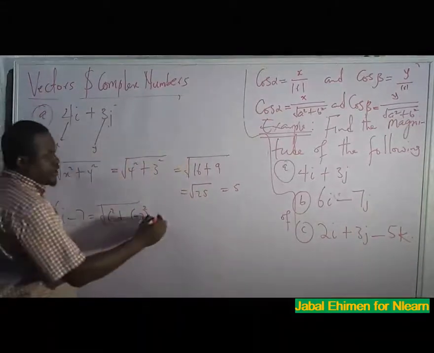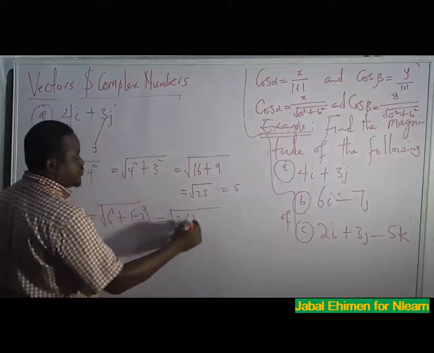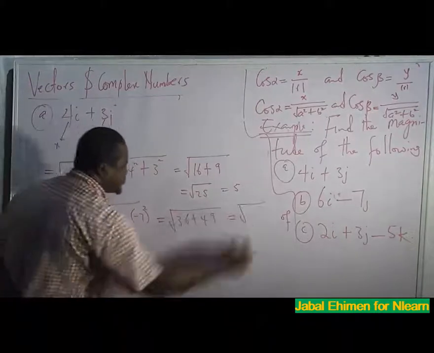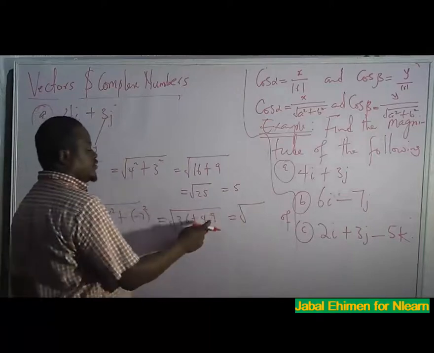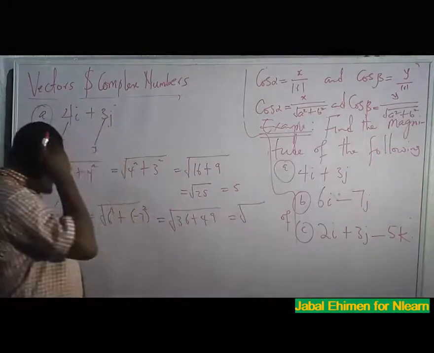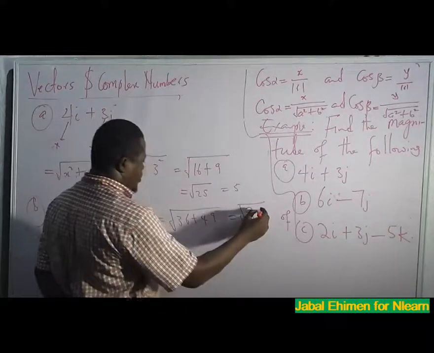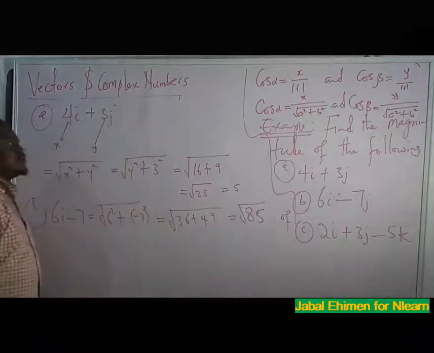So from here we have square root of 36 plus 49. 36 plus 49 will give us 85. Good, so that is that.